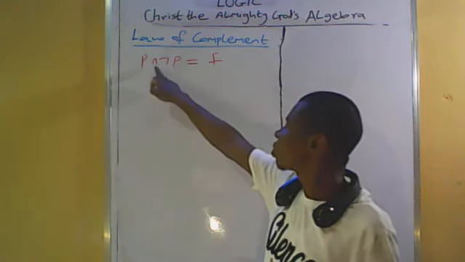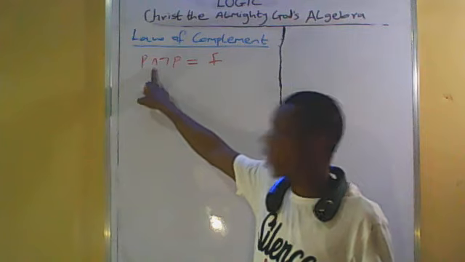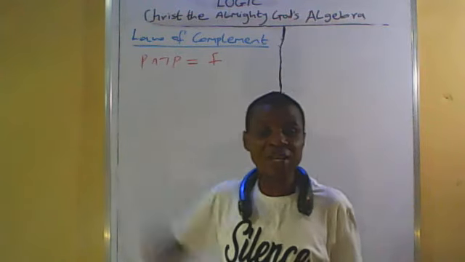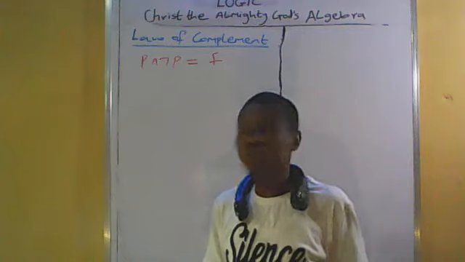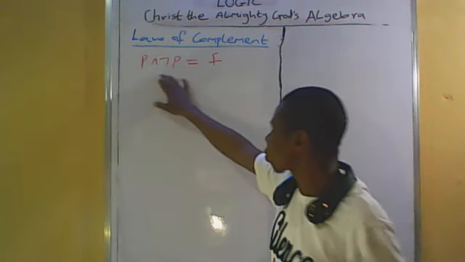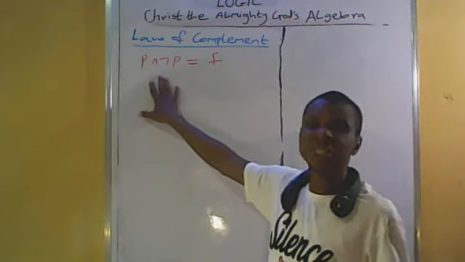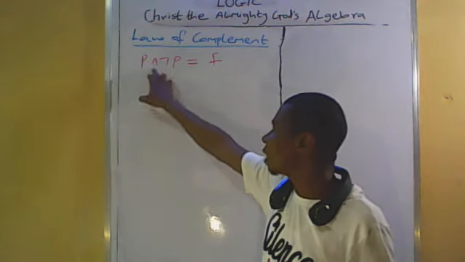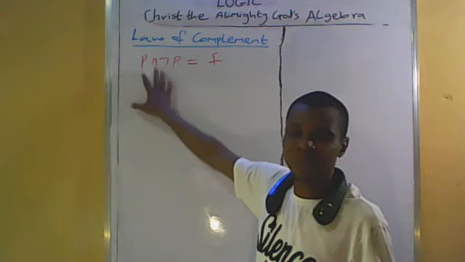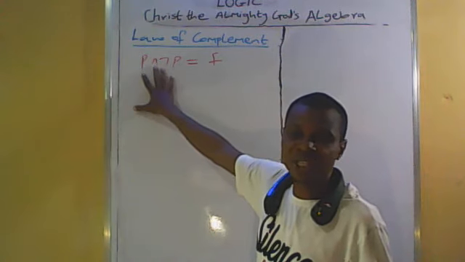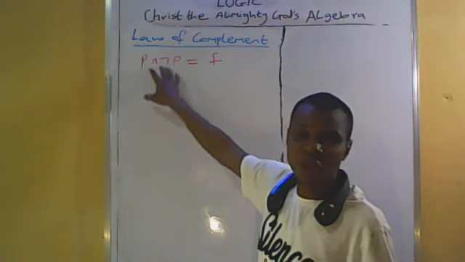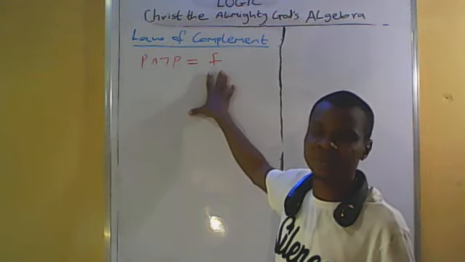It's because of this AND connective that combines P and not P together as a statement. So it is called a conjunctive statement. P and not P is called a conjunctive statement because of this AND that combines them together. So that's why we call it the law of complement by conjunctive statement.